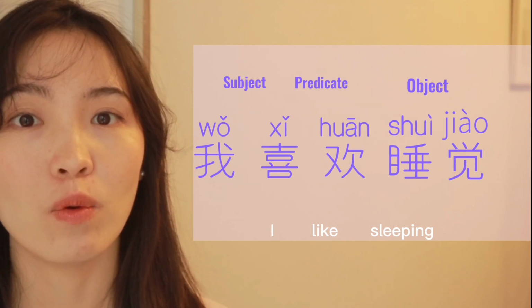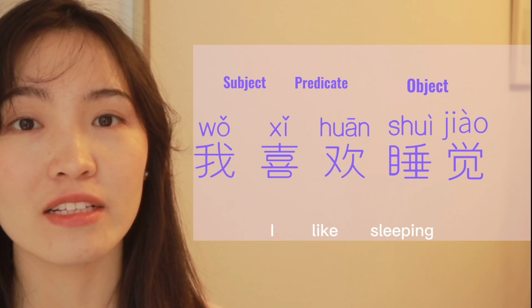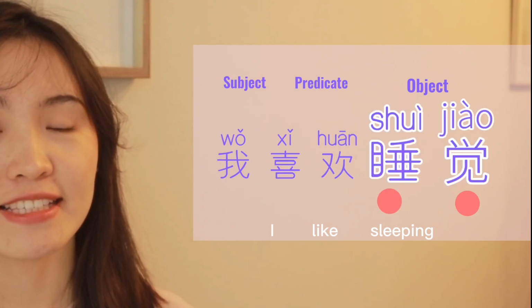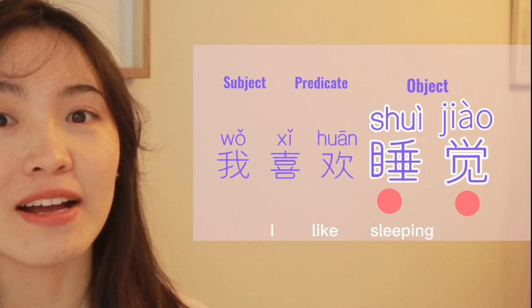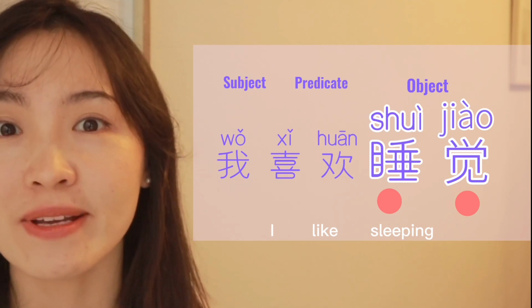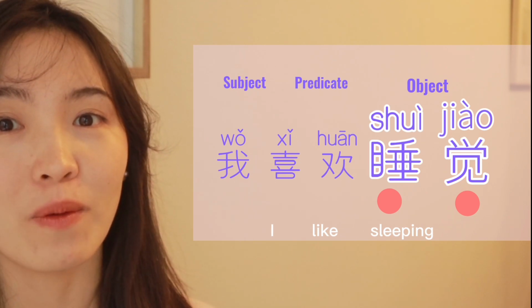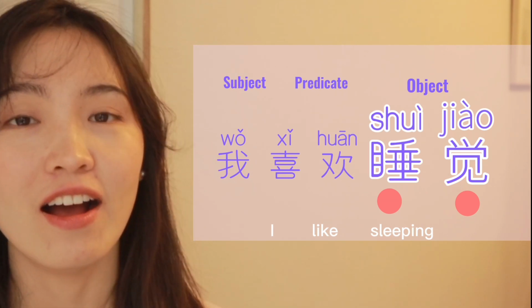Instead of saying 我喜欢睡觉, you can say 我喜欢睡觉，睡觉。Your turn.